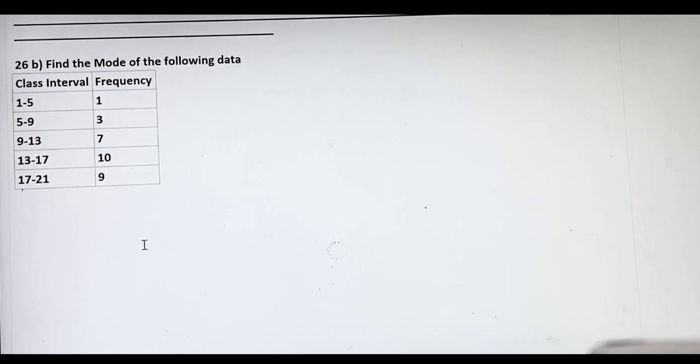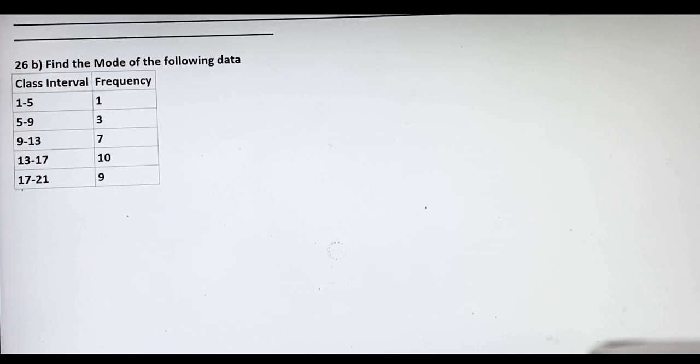Here, same way, they have given a table which has 2 attributes, that is class interval and frequency. The range goes from 1 to 5 with frequency 1, 5 to 9 with frequency 3, 9 to 13 with frequency 7, 13 to 17 with frequency 10, and 17 to 19 with frequency 9.